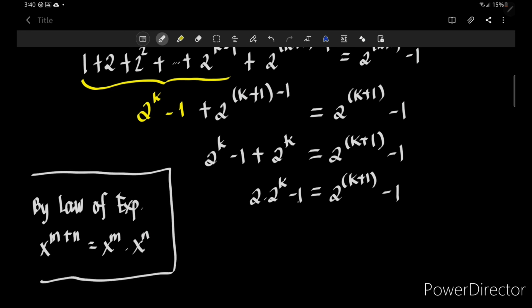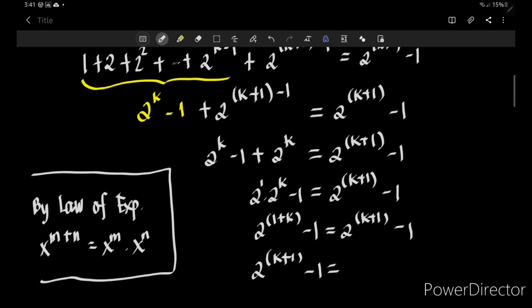So, itong part na to, we have 1 as an exponent here. So, ito ay magiging 2 raised to quantity 1 plus k minus 1. So, equate natin yan sa 2 raised to quantity k plus 1 minus 1. Addition is commutative. So, pwede ito maging 2 raised to k plus 1 minus 1.